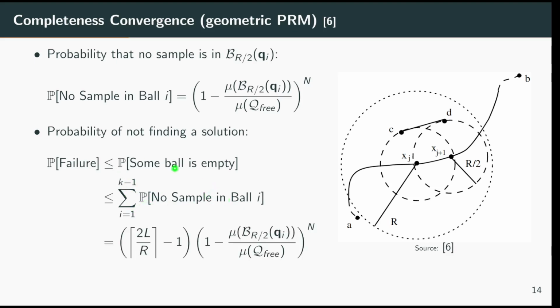And that's just a sum. And then we can replace it. All of these probabilities inside the sum are the ones we have already. And then this number k was just 2L over R rounded up minus 1, from this minus 1 over here. And so you get this fun property.